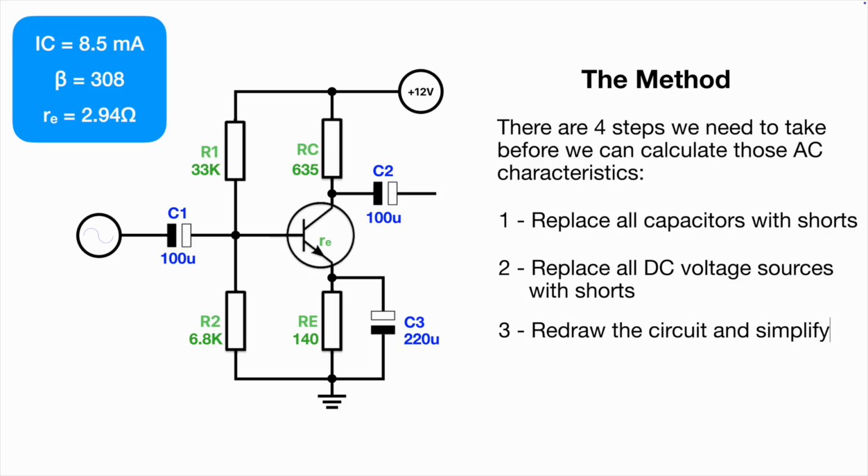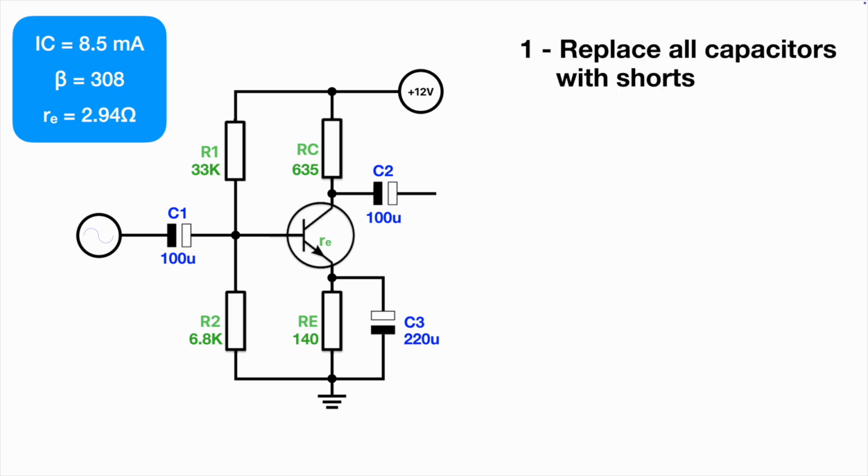Thirdly, we're going to redraw the circuit in the light of what we've just done and simplify it as best we can. And finally, we're going to replace the transistor with an appropriate small signal model that will help us to define its behaviour with respect to an AC signal. So those are the four steps, so let's crack on.